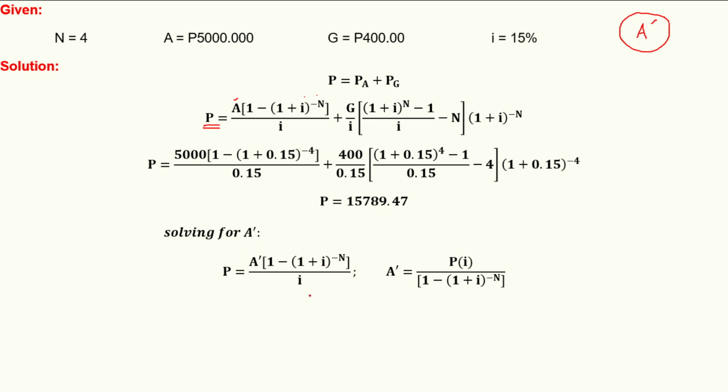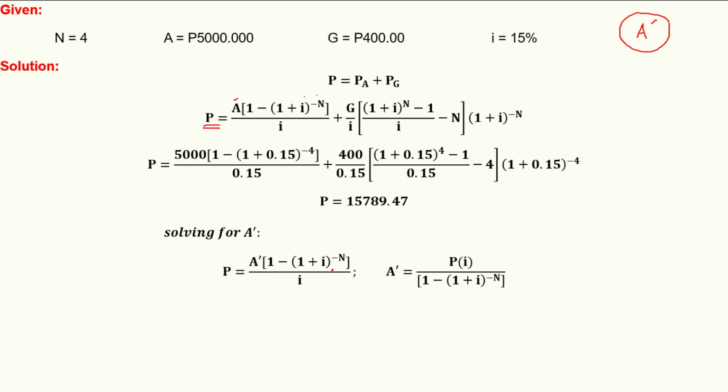Pwede nyo namang direktang shift solve yan, pero ako, sinimplify ko pa. So, A prime is equal to P times I over 1 minus 1 plus I raised to negative n. Pwedeng dito i-shift solve nyo na, makukuha nyo na yung value ng A prime, or i-simplify nyo. Depende yan sa inyo. Parehas naman pwede.